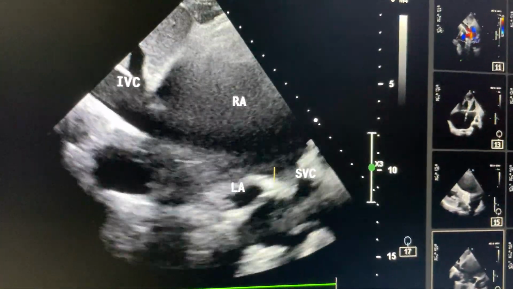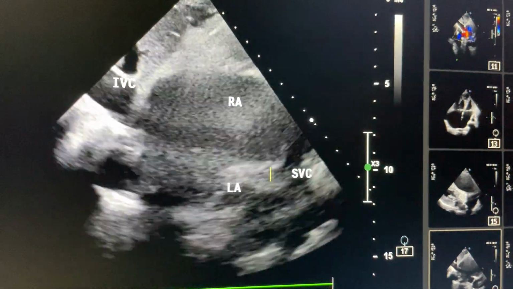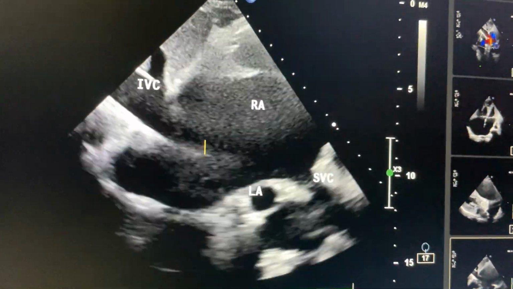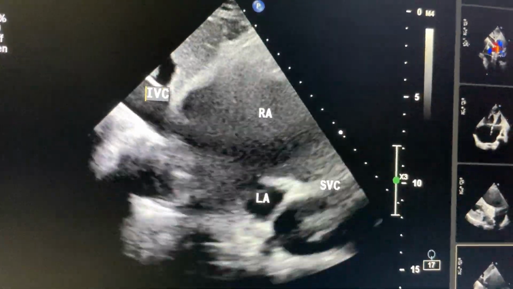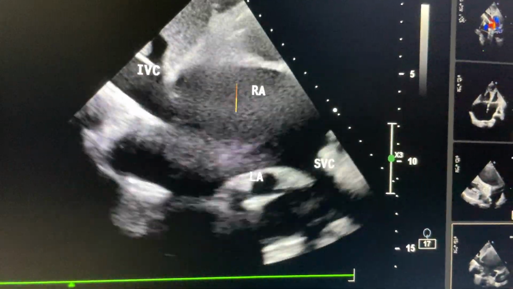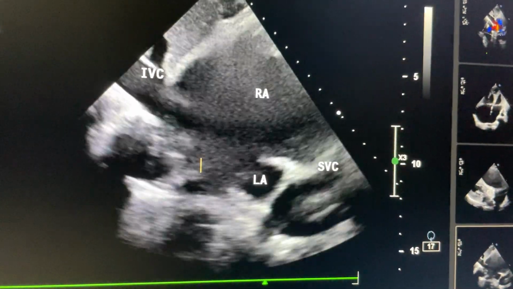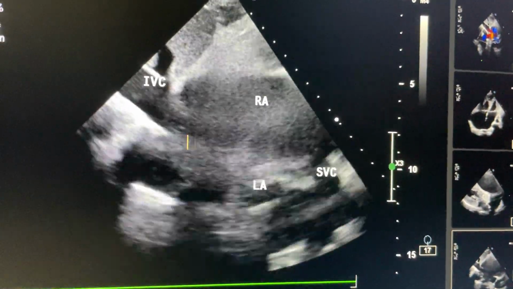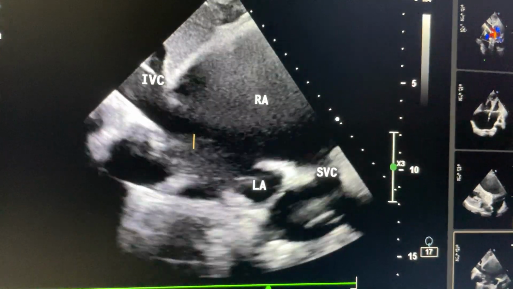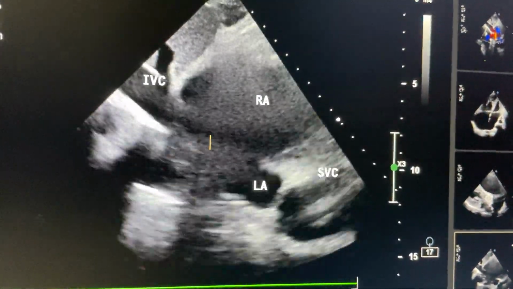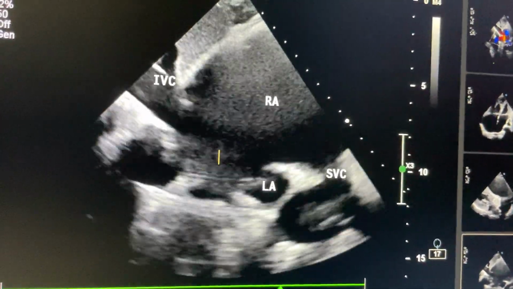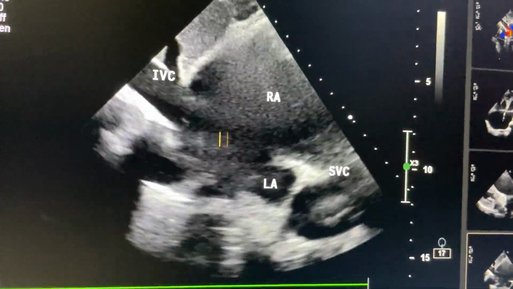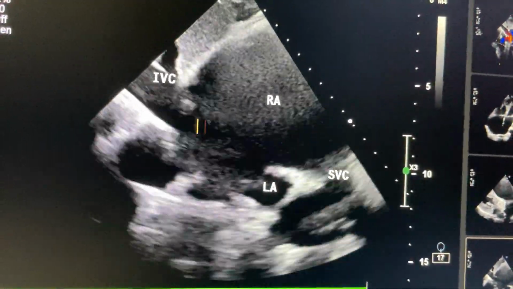So this is not the type of ASD of SVC type. This is the ASD of IVC type, because this is IVC, inferior vena cava. This portion is left atrium, this portion is right atrium, and there is no anterior septum here. So this is very large ASD of IVC type, sinus venosus ASD of IVC type.